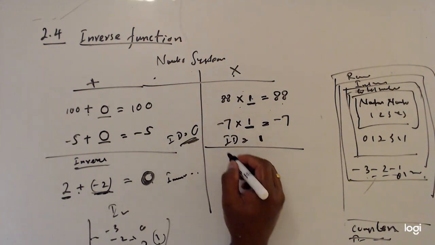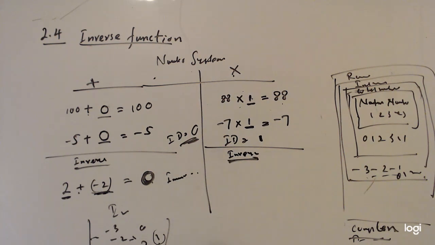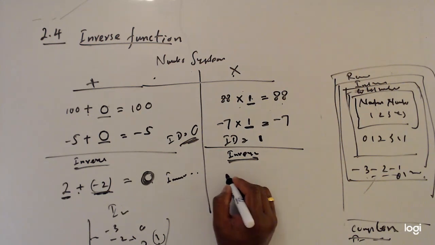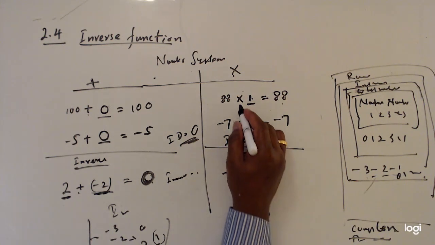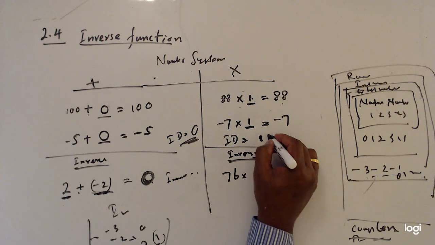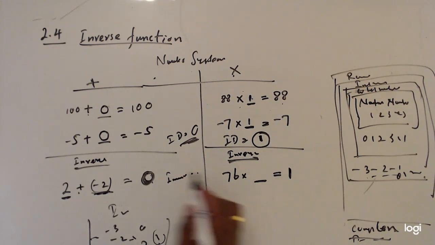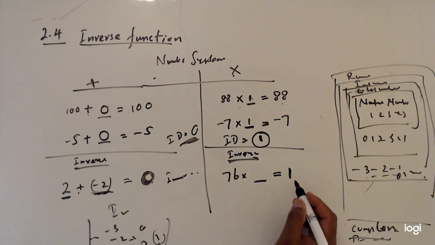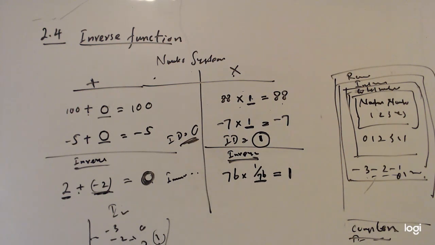Now, under multiplication, what is the inverse? Let's consider any number, 76. When you multiply, because that is the operation, we should get the identity. What is the identity of this system? 1 under multiplication. To get 1, what do you need? 1 over 76.